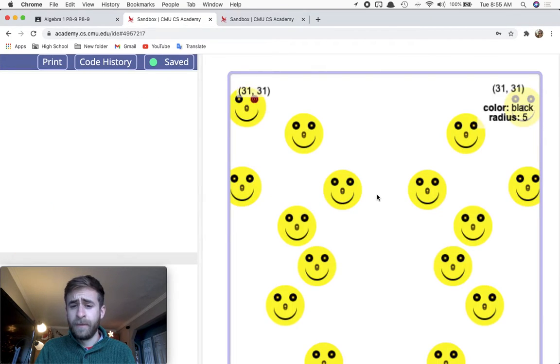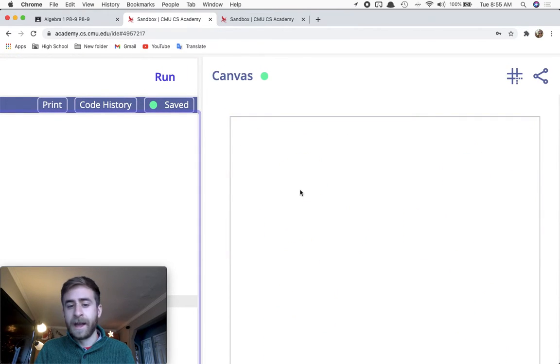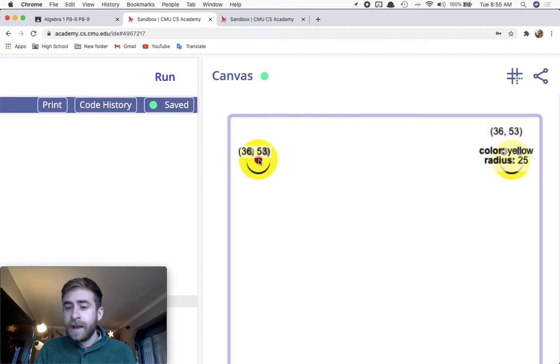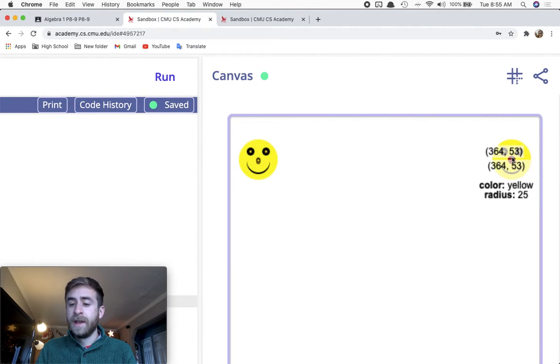First of all, you'll notice that whenever you click, and maybe I'll reset and run it again, it makes a second face. And if I hold control, I can see I'm at 3653 for the center of that circle, and over here it's 36453.